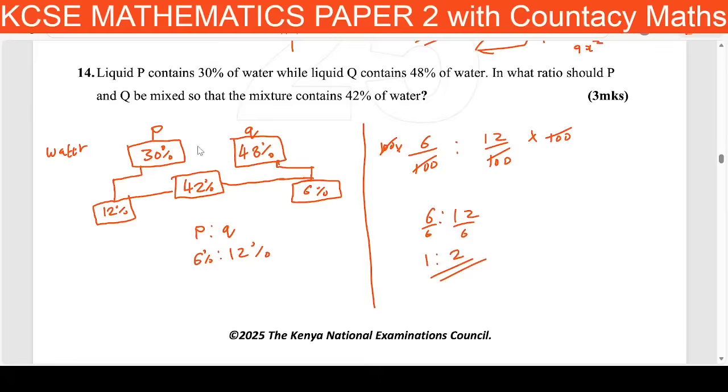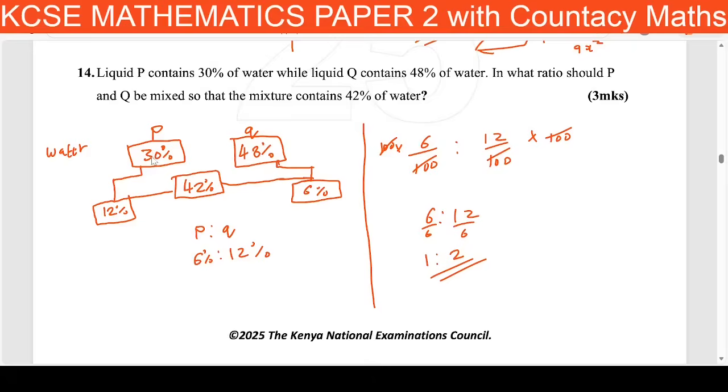So if you mix these mixtures in the ratio of 1 is to 2, then that implies that you should be able to get the final solution as 42%. And that is exactly how you are really supposed to go about that. And actually, this is very true because you see, this one is 30% and this one is 42%.